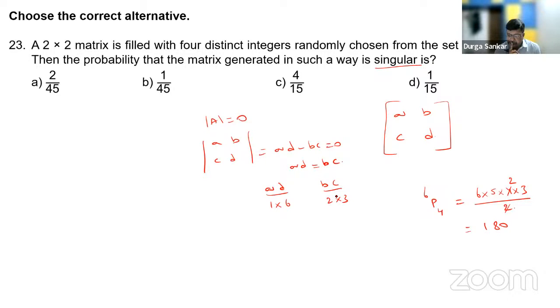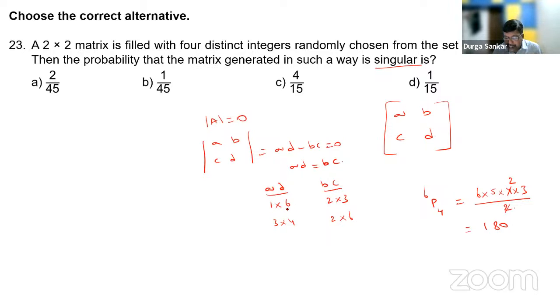Or I can also say 3 into 4 and 2 into 6. In these possibilities, AD will be equal to BC, so the matrix will be singular.